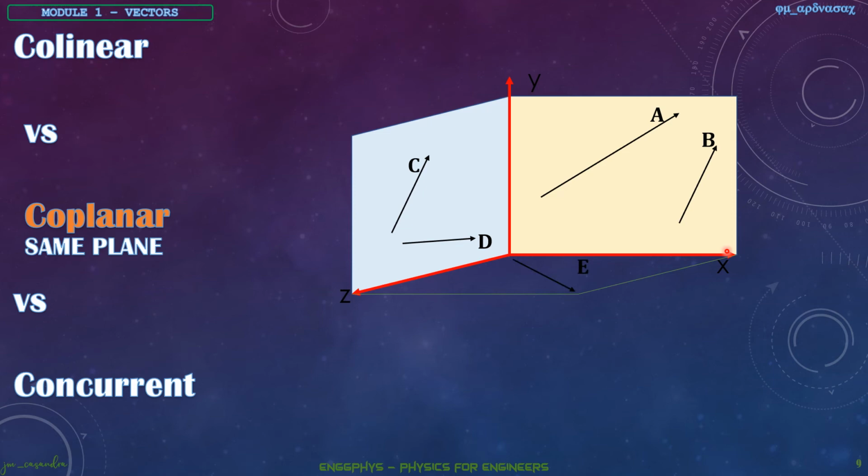So which of the following vectors now are coplanar? So we also have here vector F. So which of them are coplanar? So we have AB, they are both lying on plane xy. And then we have vector CD, they are lying on plane YZ.